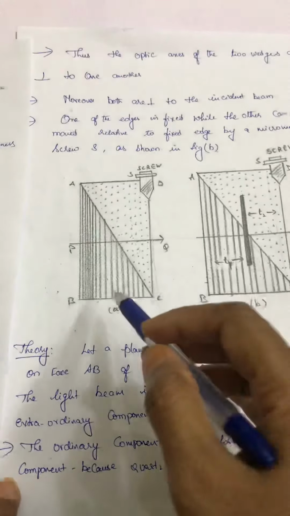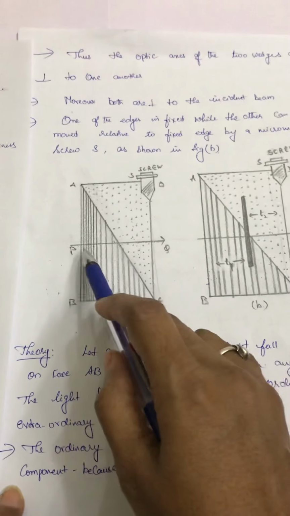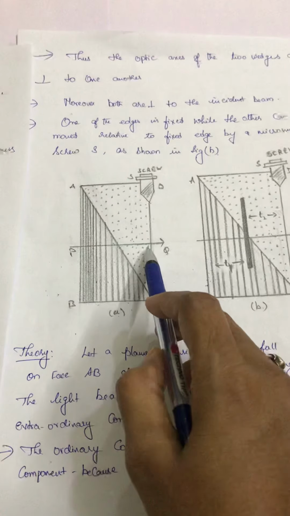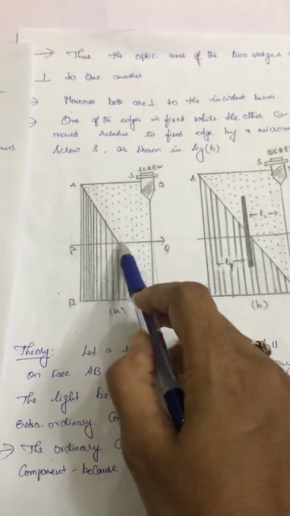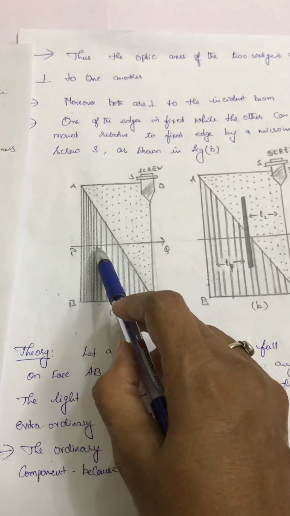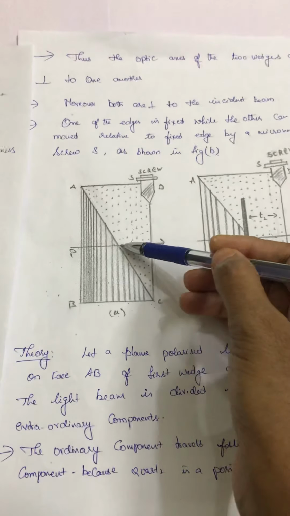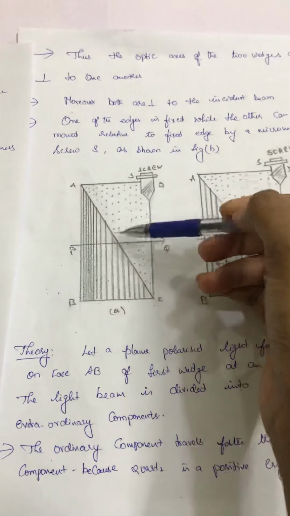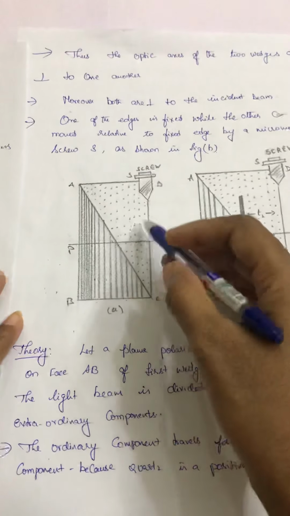So this is fixed and this is movable. At the center of the Barnes compensator, the thickness will be the same. Means at the center, T1 and T2 will be the same. As we move from here to here, the thickness changes. And this will be movable with the help of the screw.